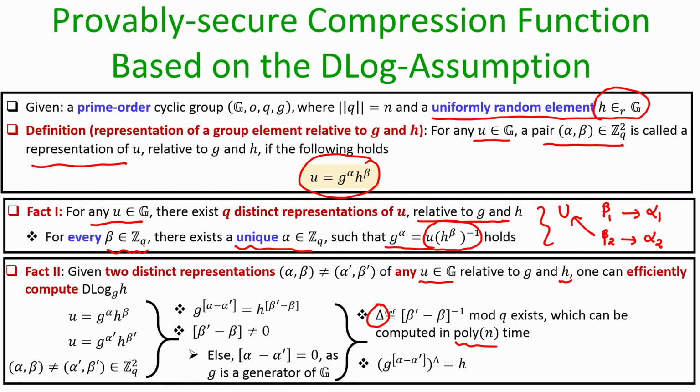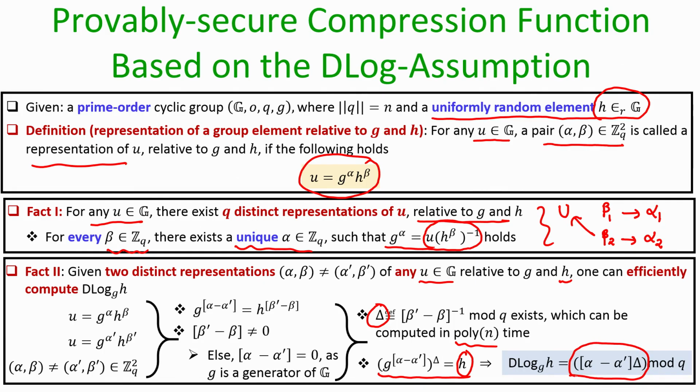So, if we can compute delta in polynomial time, and if we are given g and alpha and alpha dash, then we can clearly see that g to the power alpha minus alpha dash, with the exponent multiplied by delta, will give you the value h. Which means that the discrete log of h to the base g is nothing but (alpha minus alpha dash) multiplied by delta modulo q.